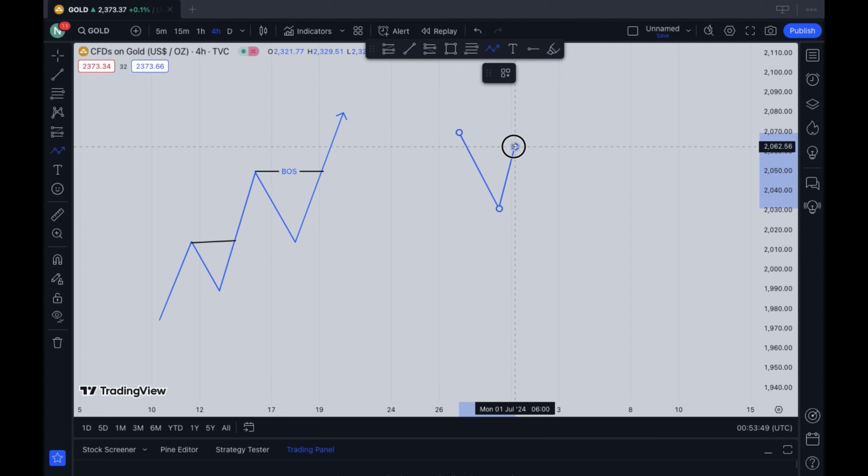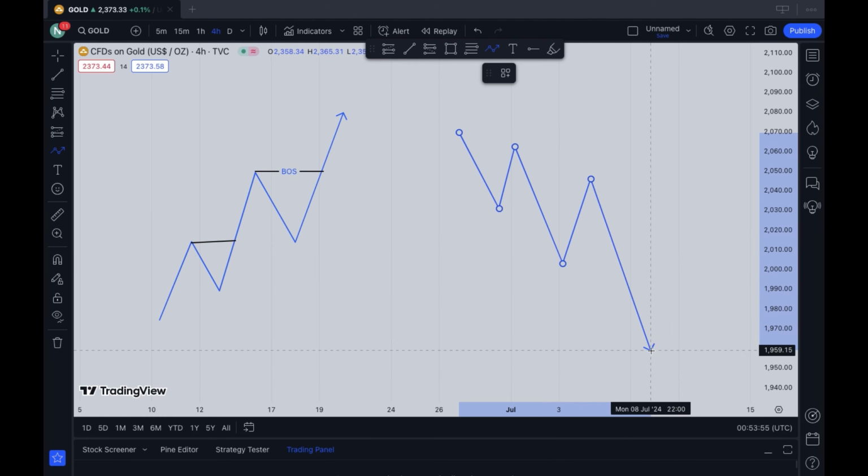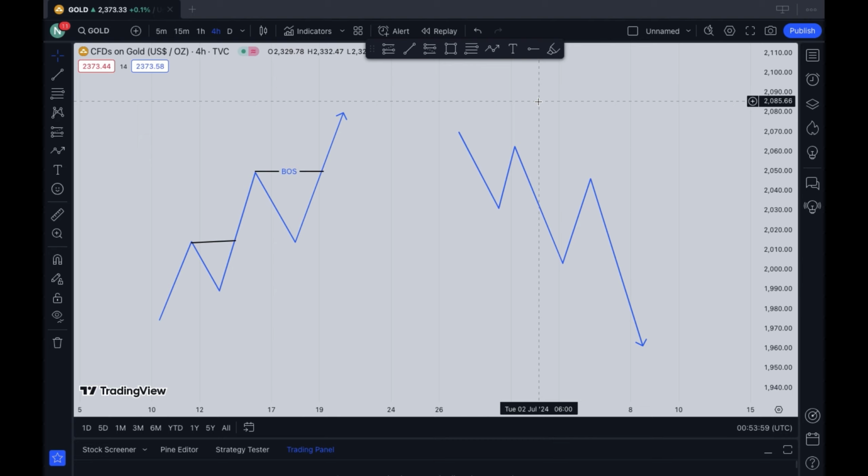In the case of a downtrend, we know that a downtrend is made by a series of lower highs and lower lows, just as you can see here. Market goes down, forms this structure, and then breaks further downwards. So we label this area as our break of structure.